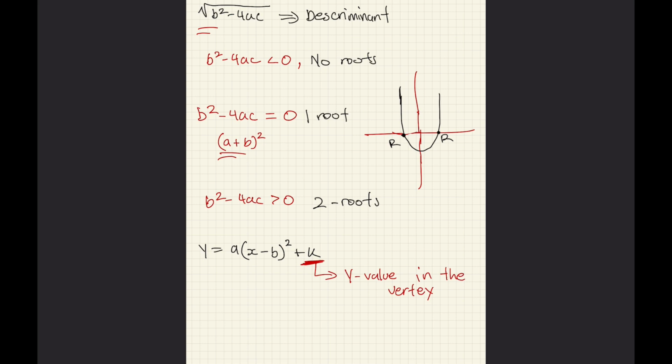So what is the vertex? On this graph here, the vertex represents the turning point. Thus, it's called turning point form.